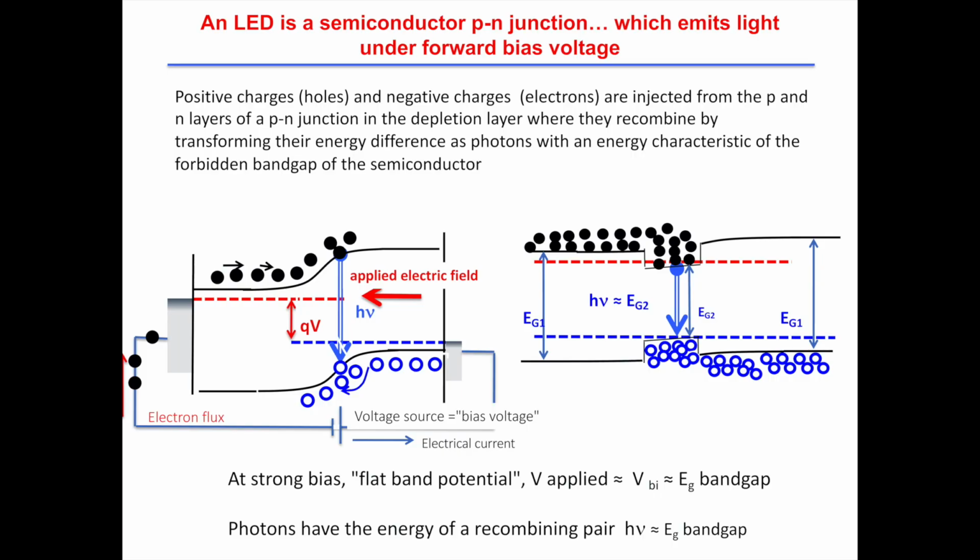But now, if I apply an electric field, if I apply a voltage, then I will diminish the energy barrier between electrons and holes, and so electrons can move up the hill here, electrons will move down, holes will move down, and I can have a region in between where I have electrons and holes in the same spatial position, and then they can recombine and emit light.